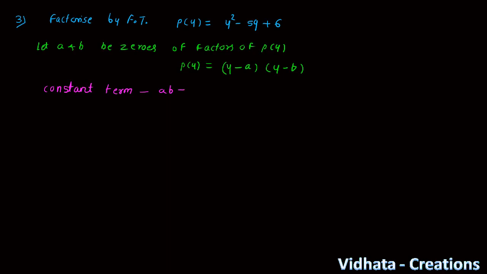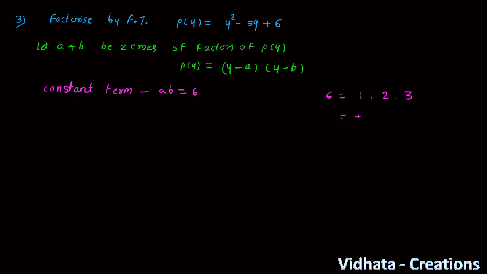Okay, and it's 6. So what can be the possible factors of 6? If you think of possible factors of 6, then 1, 2 and 3 can be the possible factors of 6. But here we use plus and minus values.